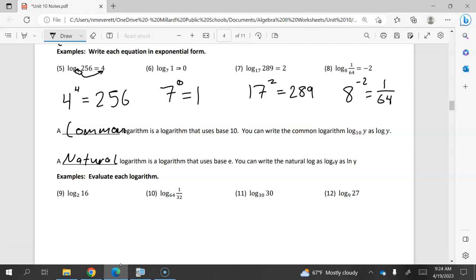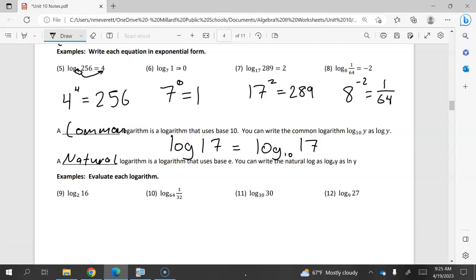Now, the reason for this is, all of these logs up here have little numbers and a big number. But let's just say I have a regular log with a big number 17. I just made that up. That is the same as having a little number 10 as your base number, okay? So anytime that you see a log with no little number, you just have to imagine that there's an invisible 10 down there.